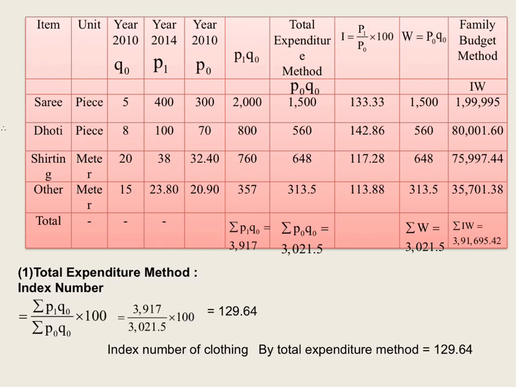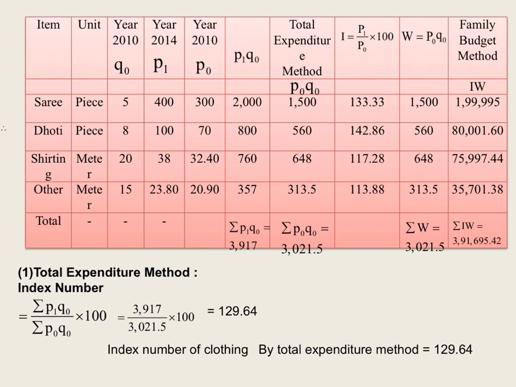Then P1 Q0 and then P0 Q0. Why do we do so? Because here the quantity of the base year is given, so we have to apply the last year formula for the total expenditure method. So we calculate P1 Q0 and P0 Q0, put these figures in the formula, and we get the answer 129.64.